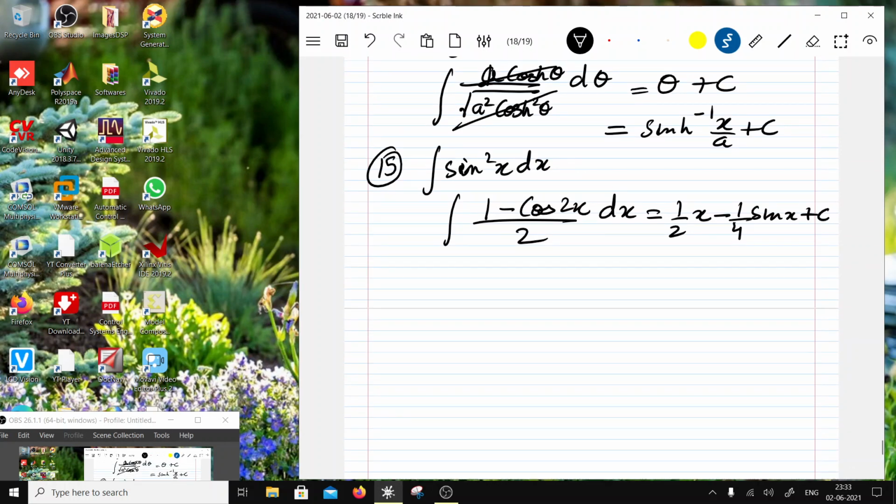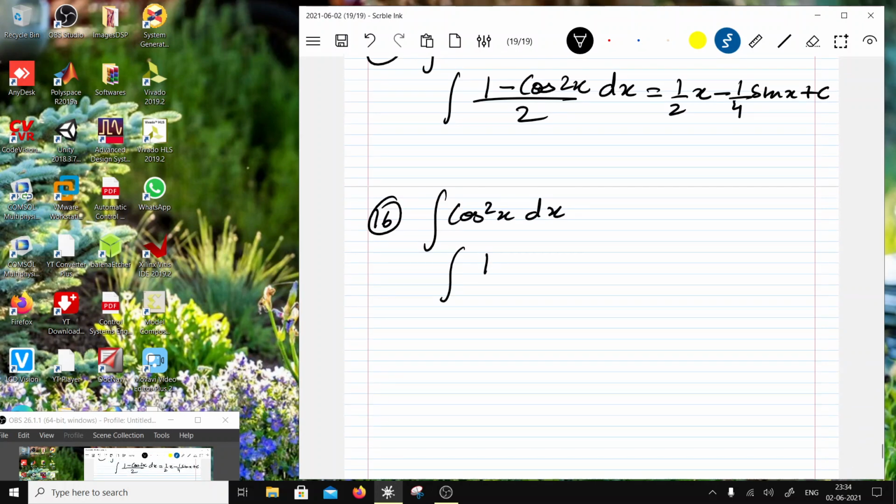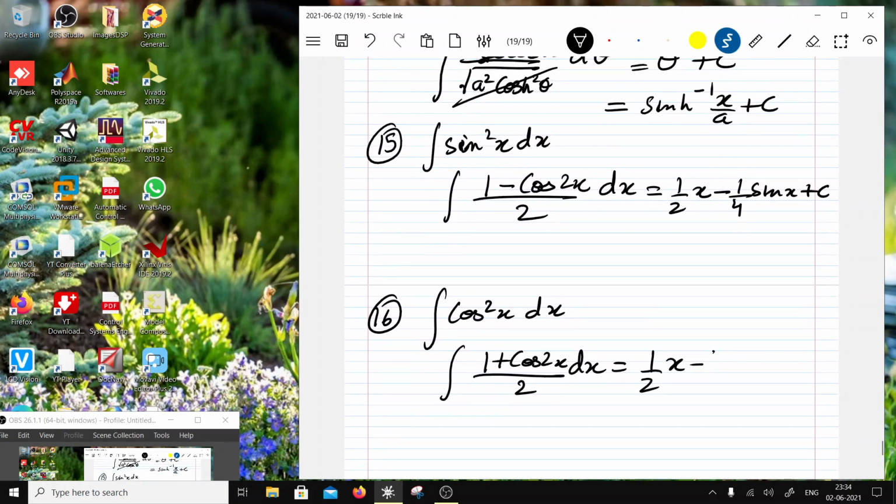Am I right? Right. Next is 16th, cos square x dx. So this can be written as 1 plus cos 2x by 2 dx, which is same as half of x. Cos is minus sine. This should be plus, isn't it?